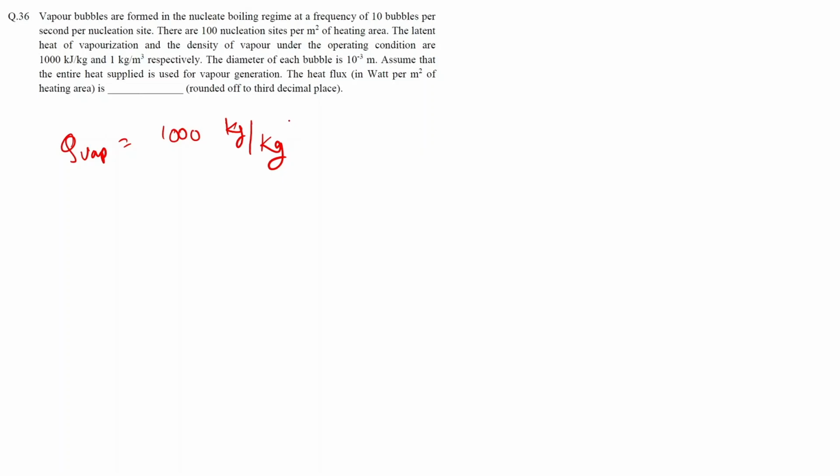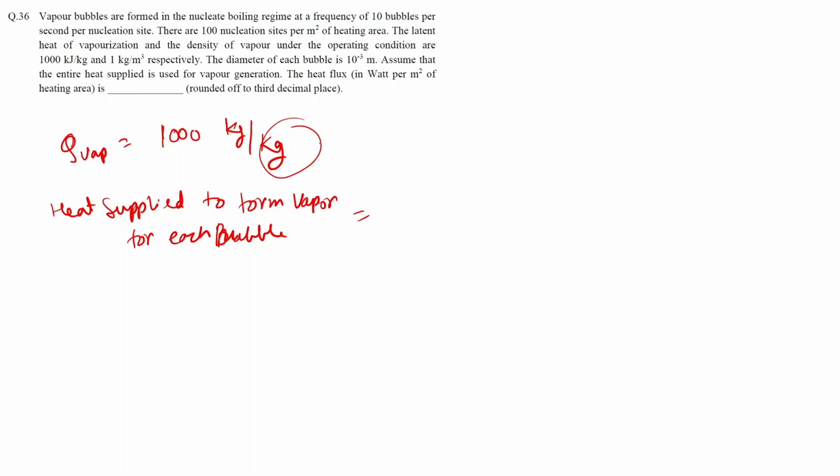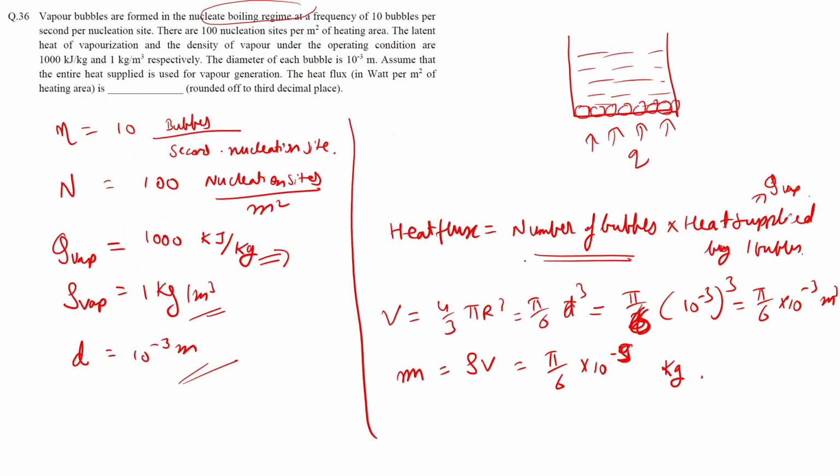So ultimately we can find this Q vaporization as heat supplied to form, so we will multiply this by the total mass of the vapors. So that is 1000 into the mass of the vapors. We have found it over here.